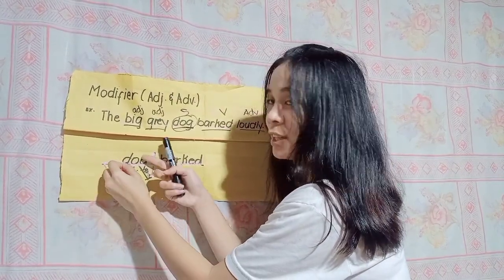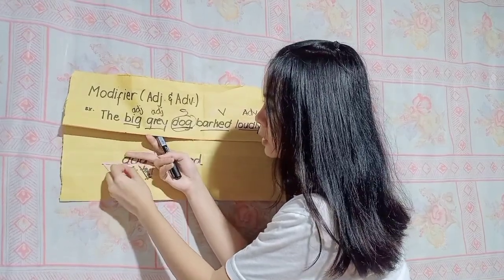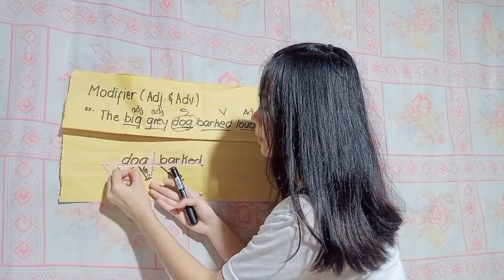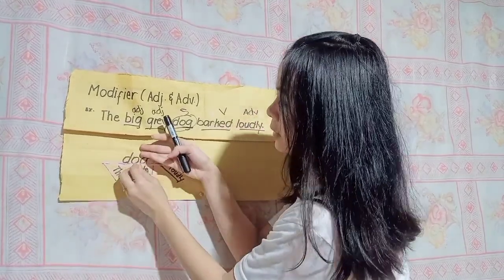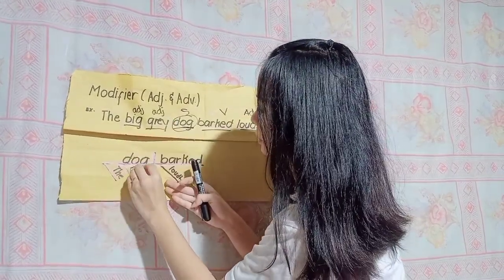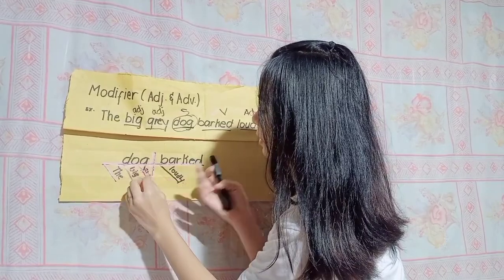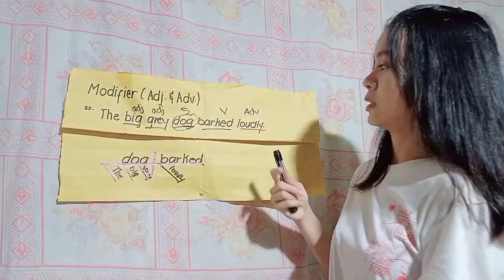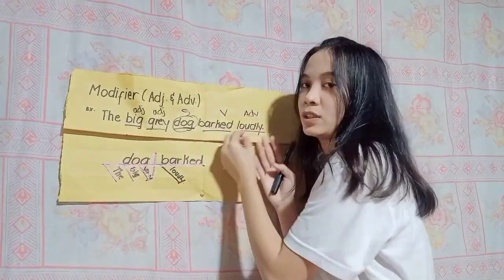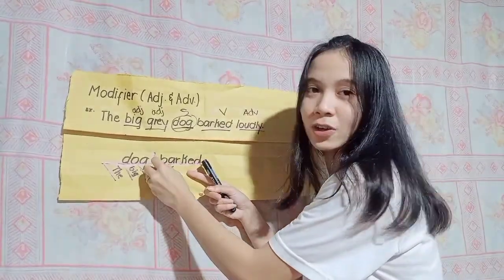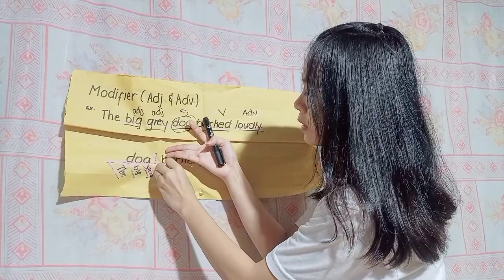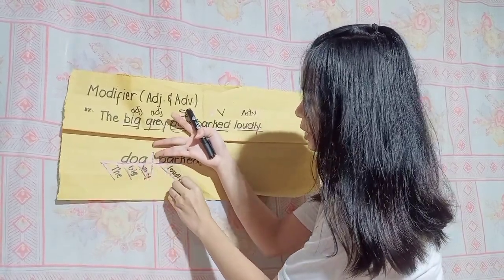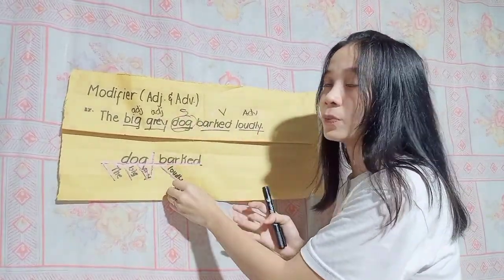Another diagonal line for the big and another diagonal line for gray. So loudly will be written here also with a diagonal line, as it tells how loudly the dog barked.